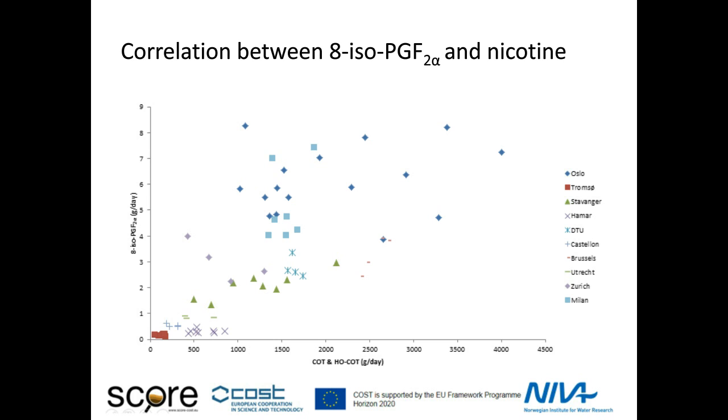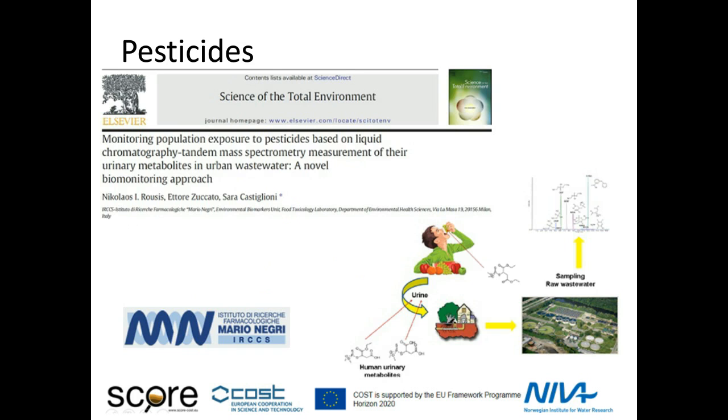So what else do we measure in wastewater? One of the other SCORE network members, Mario Negri in Italy, in Milan, they published relatively recently some work on pesticides. And the graphical abstract on the bottom right-hand side captures it in a way. The theory is that we eat fruit and vegetables. The fruit and vegetables have residues of pesticides in or on them.